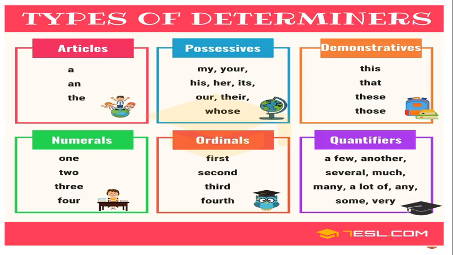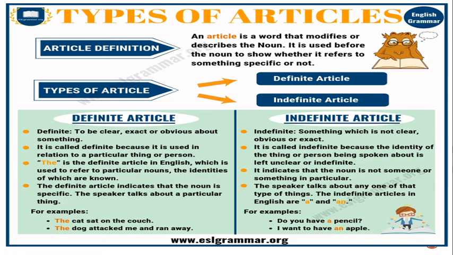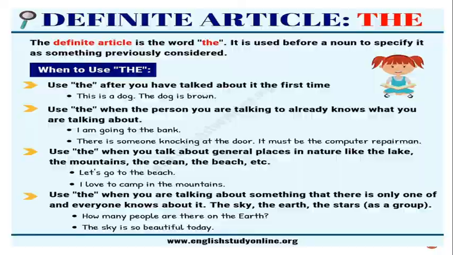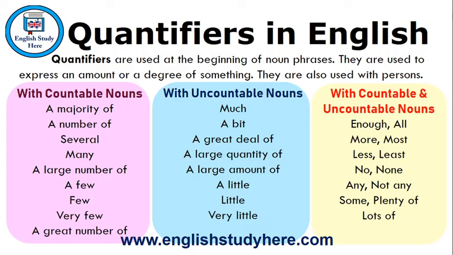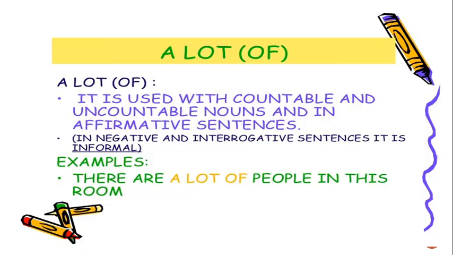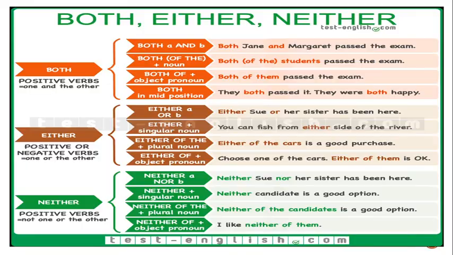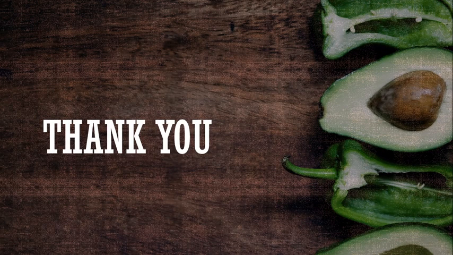We have studied about types of determiners in detail. So you go through all this information and know about it clearly. If you have any questions related to this, you can raise your questions. When you refer to other details related to this topic, you can get more knowledge about it.